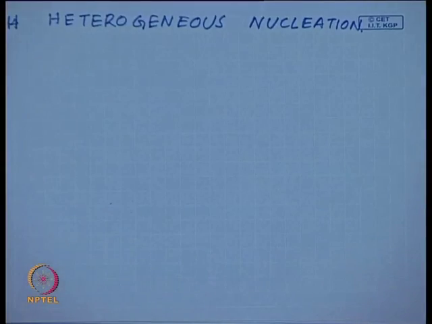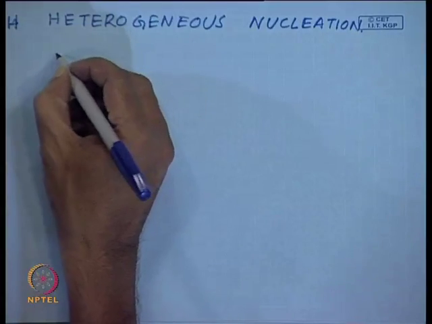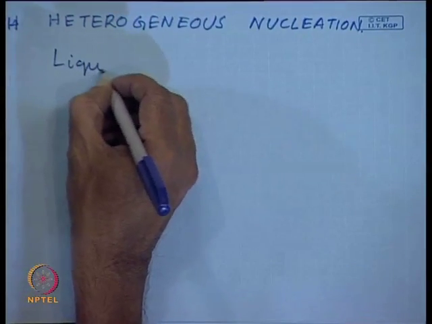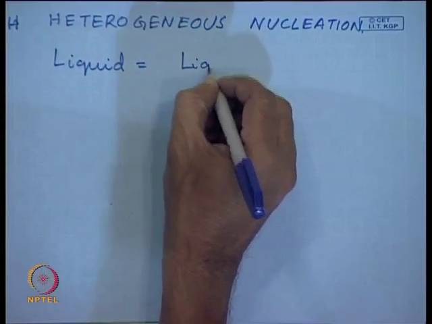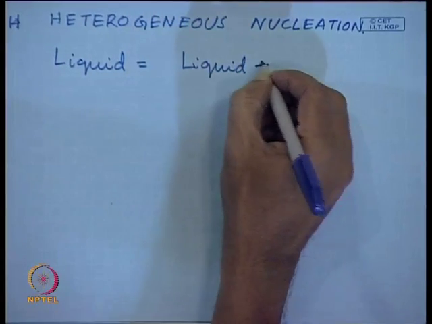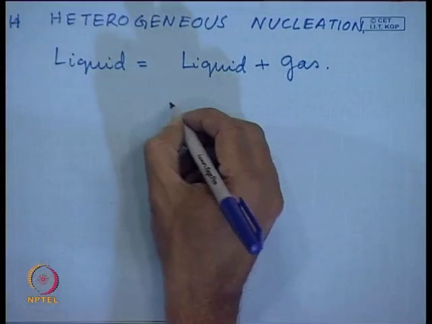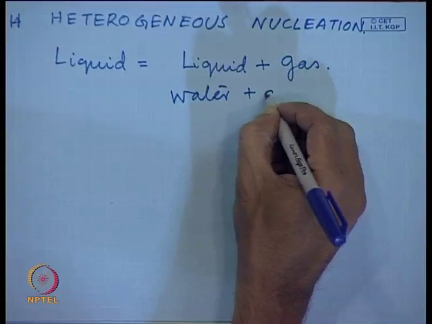Now, what we can see in heterogeneous nucleation, as I have told, is that the liquid is not that pure. So, in case of heterogeneous nucleation, the liquid is a mixture of liquid plus gas. A very common example is water plus air.